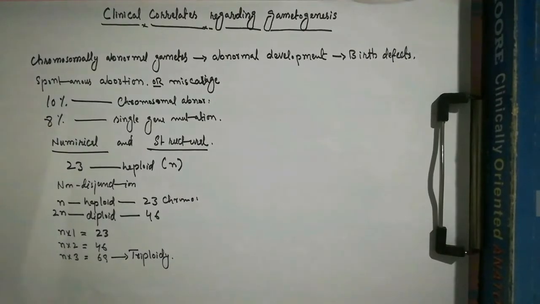Triploidy occurs when fertilization occurs between two gametes. One gamete is normal, containing 23 chromosomes, and the other gamete is abnormal, it contains 46 chromosomes.